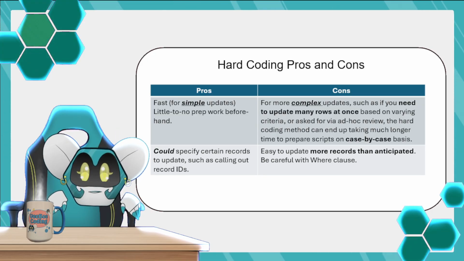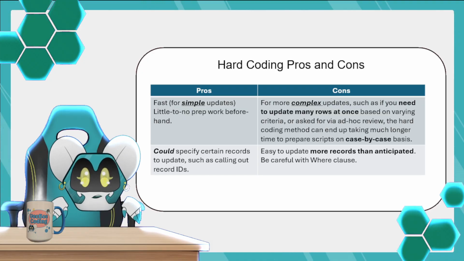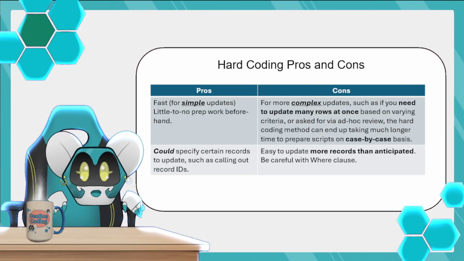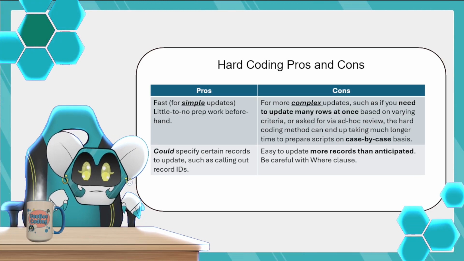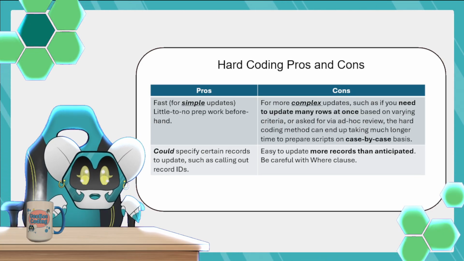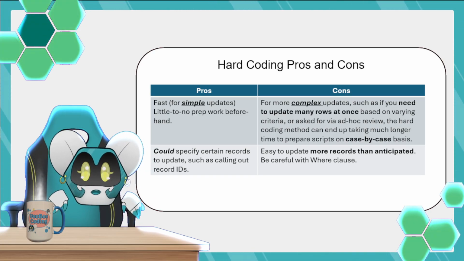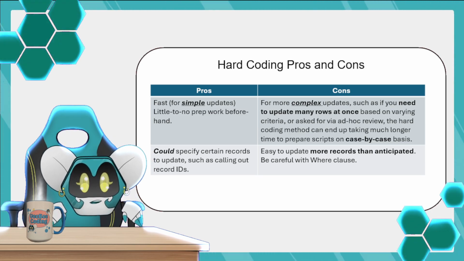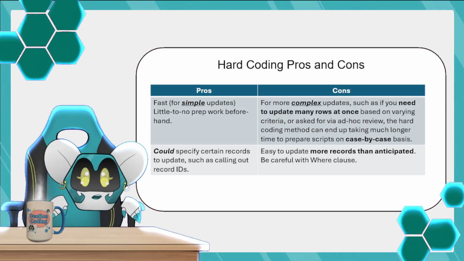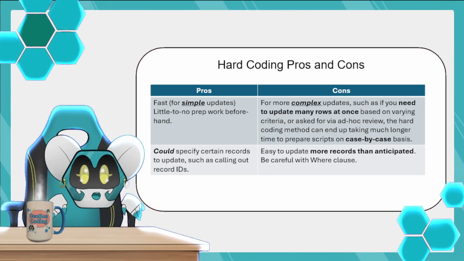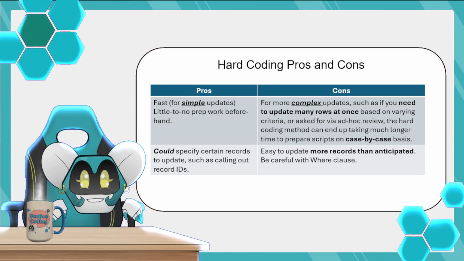For cons, for more complex updates, like if you need to update many rows all at once, and it can vary on criteria, or you need to make an update based off of some ad hoc reviews, then it can be more time consuming to make up a hard-coded update script on a case-by-case basis. Another con for hard coding is it's very easy to update more records than you anticipated, so be wary of the where clause.